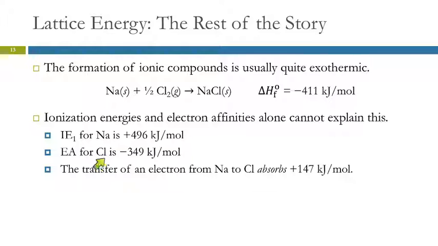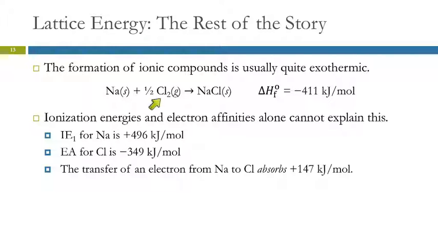Chlorine has a negative electron affinity. When you give it an electron, it releases 349 kilojoules of energy. So if we add these two together, we end up with positive 147. That means that transferring an electron from sodium to chlorine actually absorbs 147 kilojoules of energy.